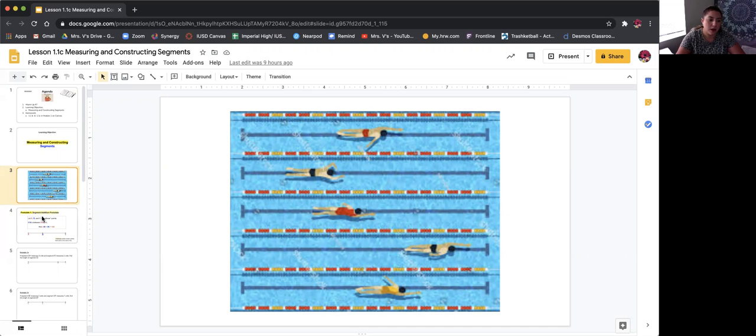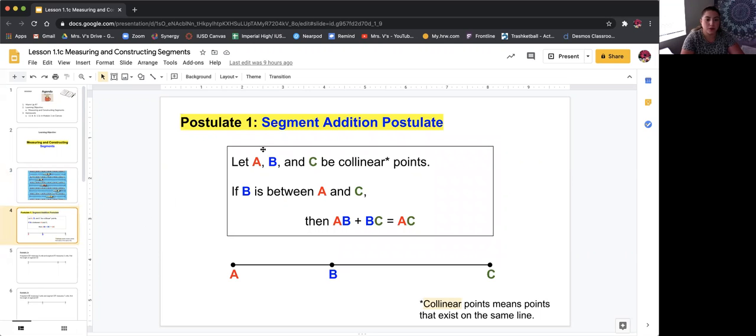So our first postulate that we're introduced to is the segment addition postulate. It says, let A, B, and C be collinear points. And collinear means points that exist on the same line.